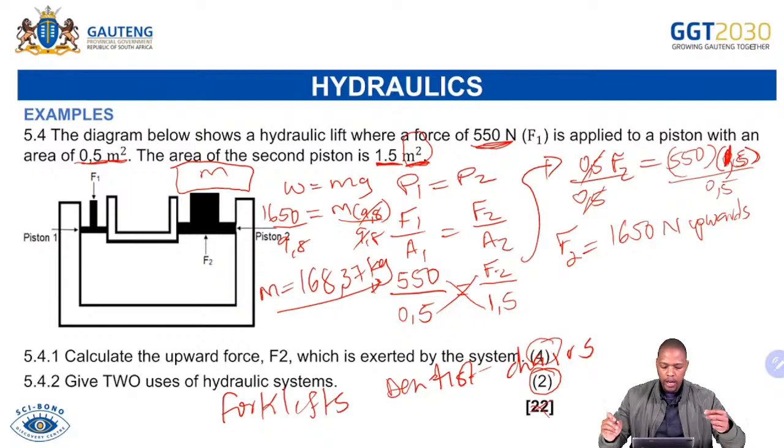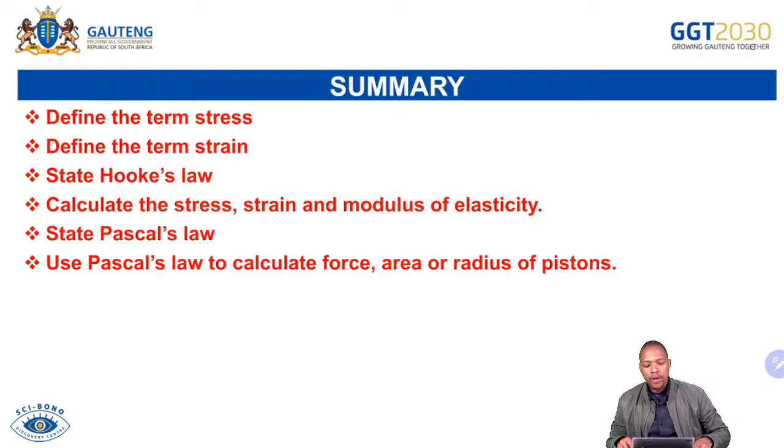All right. Great work. We've come to the summary of the lesson, where we are looking at the things that we have tried to learn during our lesson. We've defined the term stress, and the term strain. We've stated Hooke's law, and in actual fact, we've done a lot of definitions.